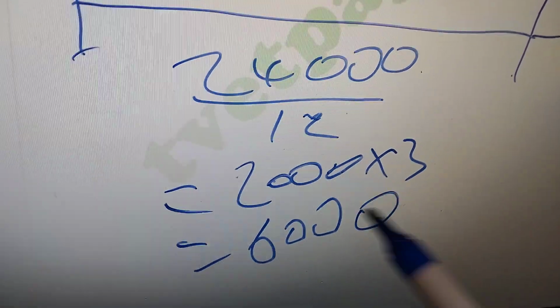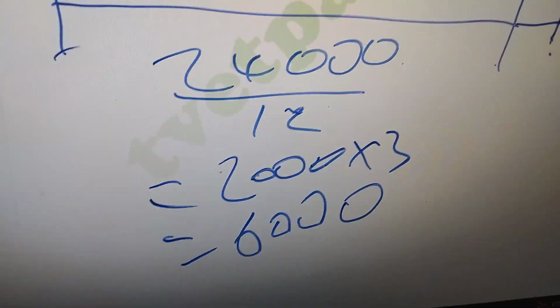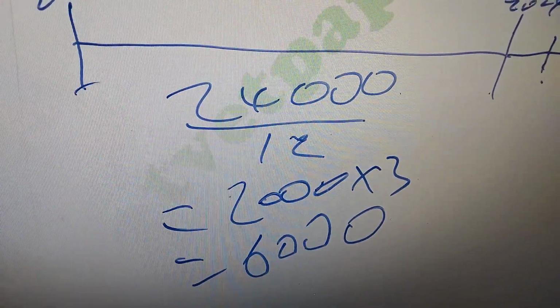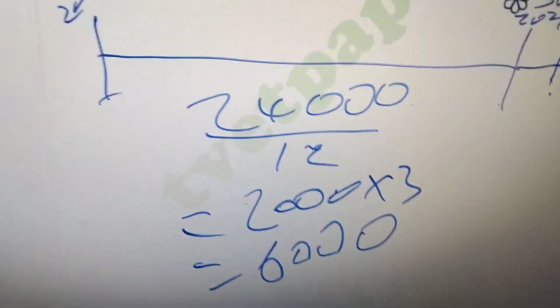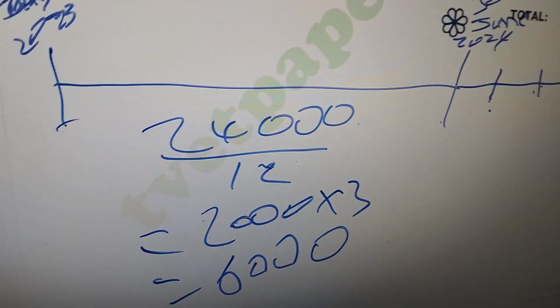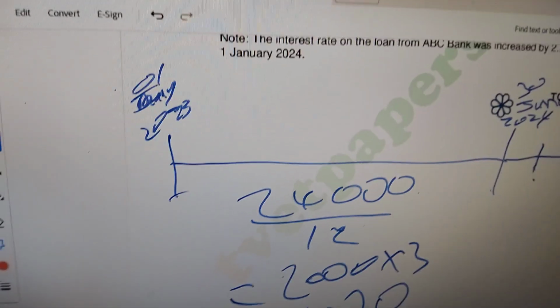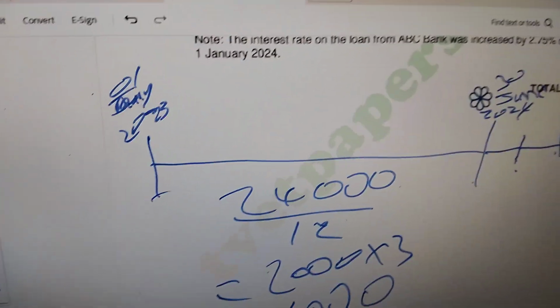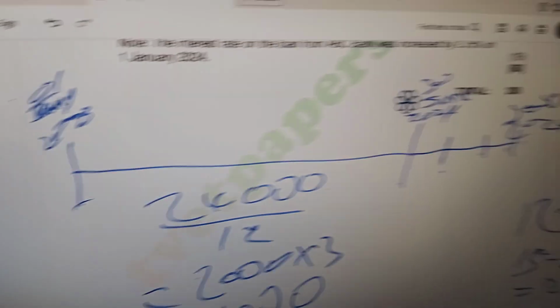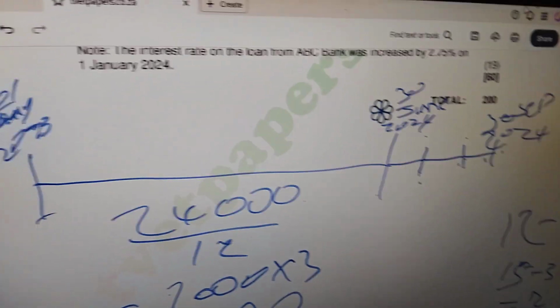Interesting, right? So this 6,000 rand, we will need to subtract it from the one that is given on our trial balance. The reason why we subtract is because from here to here is 15 months, and we want only 12 months. So it's 2,000 here, 2,000 here, 2,000 here.